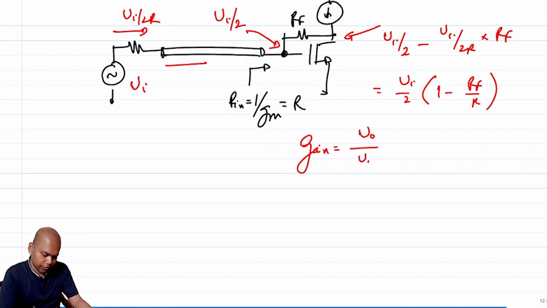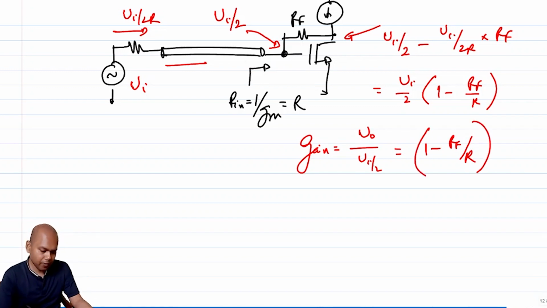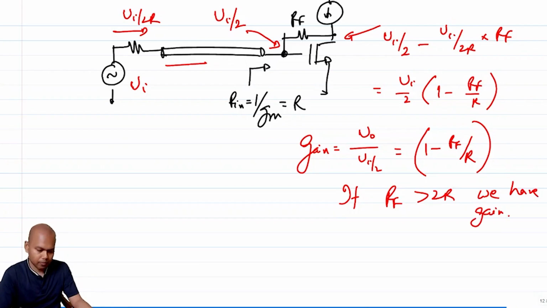It is V naught over Vi by 2, which is 1 minus Rf by R. Right? So if Rf by R is greater than, basically if Rf is greater than 2R, we have gain. Correct?